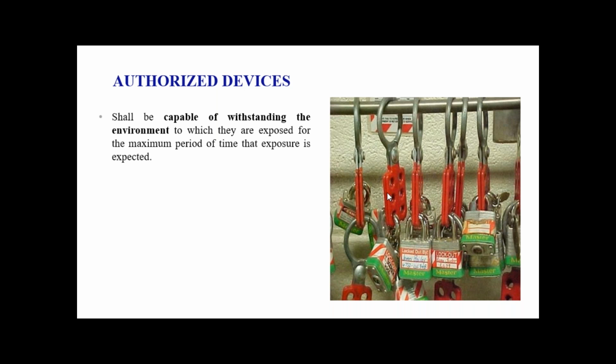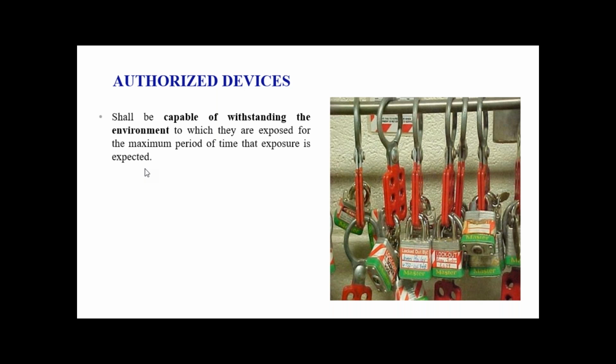Authorized devices should be capable of withstanding the environment to which they are exposed for the maximum period of time that exposure is expected. Suppose this activity is for 2 hours, sometimes for 4 hours, and sometimes the activity may extend for 1 day or 2 days also.